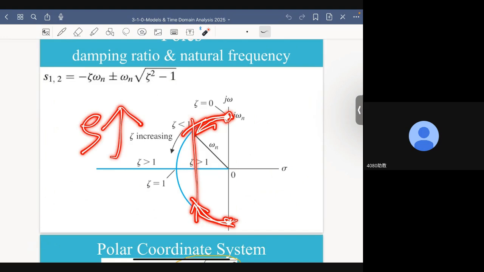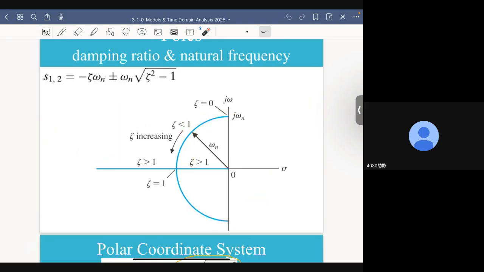Why? Because they are a pair of complex conjugate roots. They always have the same real part, and they always have the same imaginary part in terms of magnitude. But of course, they have opposite signs, right?